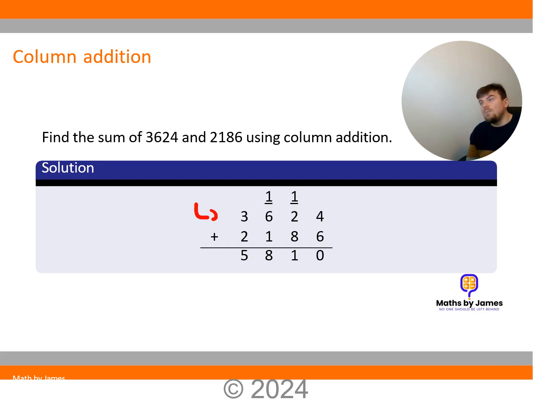So we keep going up, and then we've got 1 plus 6, which is 7, plus 8, which is 8 hundreds, and then we've got 3 thousands plus 2 thousands, which is 5 thousands. So our number is made up of 5,810.